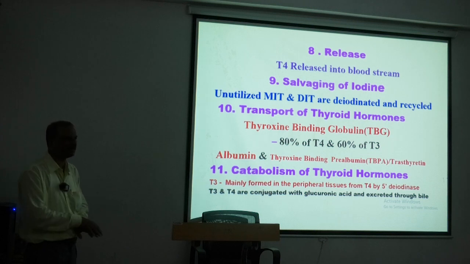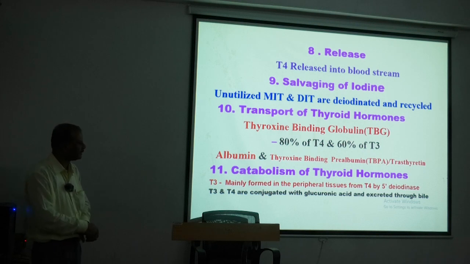This will be asked: what are the carriers of thyroid hormone? That is thyroxine binding globulin, albumin, and thyroxine binding pre-albumin. You must be able to tell and write this. It might be asked as an MCQ or in your viva.